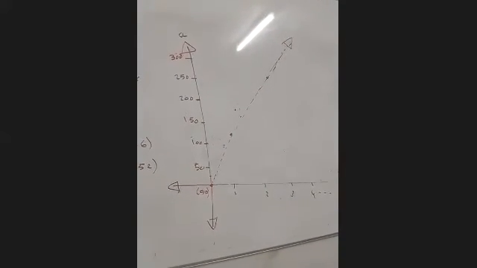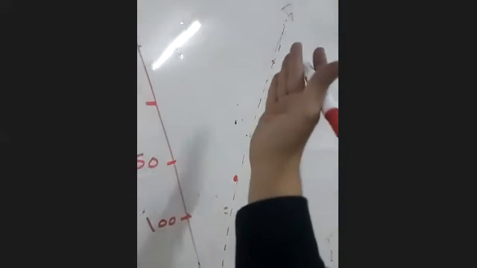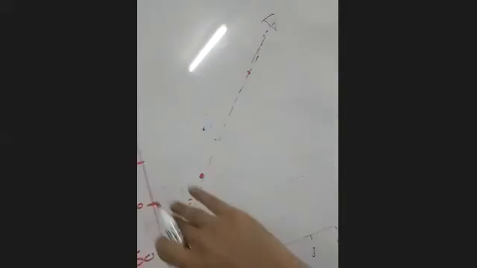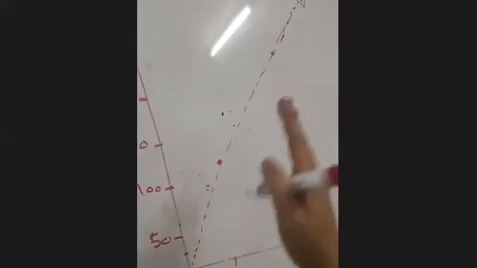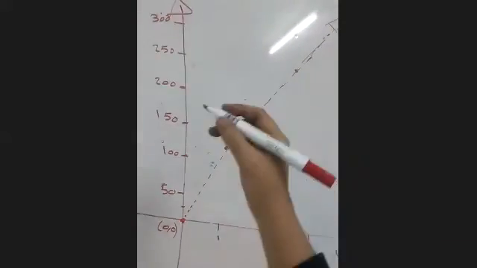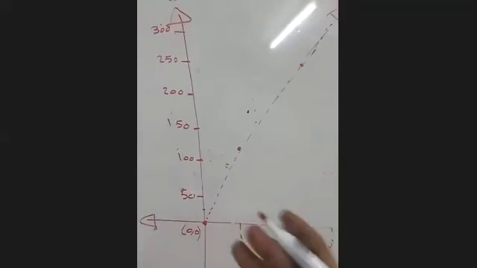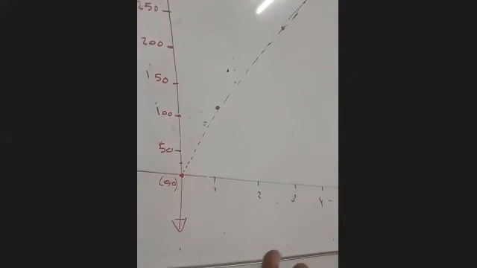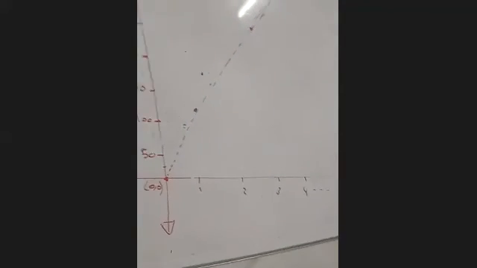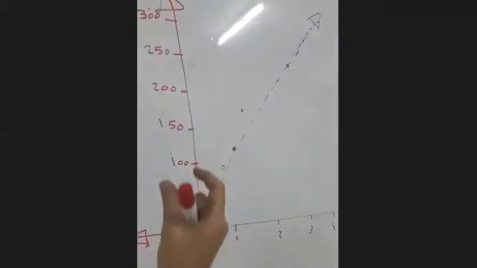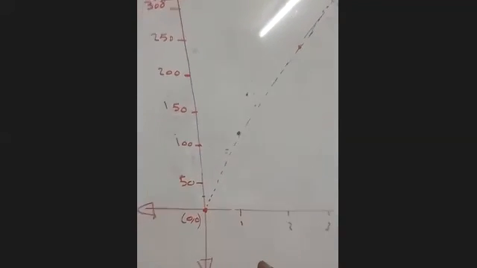The reason this line should be straight, guys. This line should be straight, but my line looks curved because I don't have a ruler. No problem, I use my normal hand. But you can use your ruler, you can use an extra paper, you can use a lot of things to make a straight line, and the spaces here should be equal.